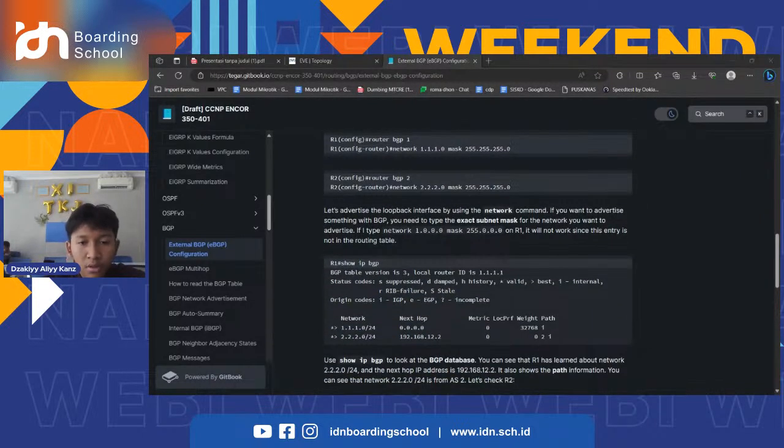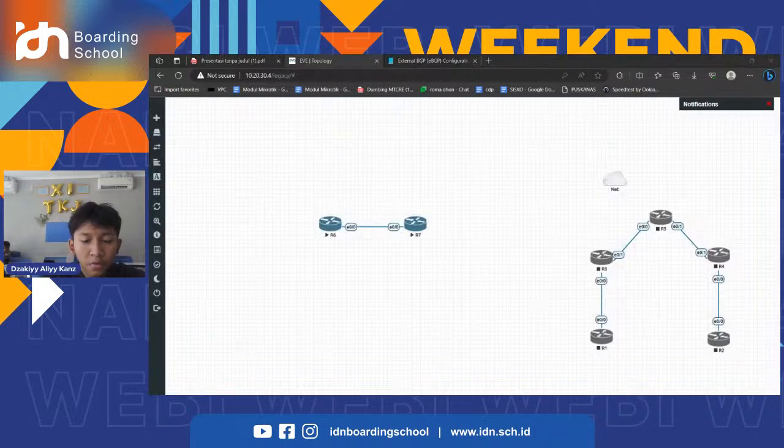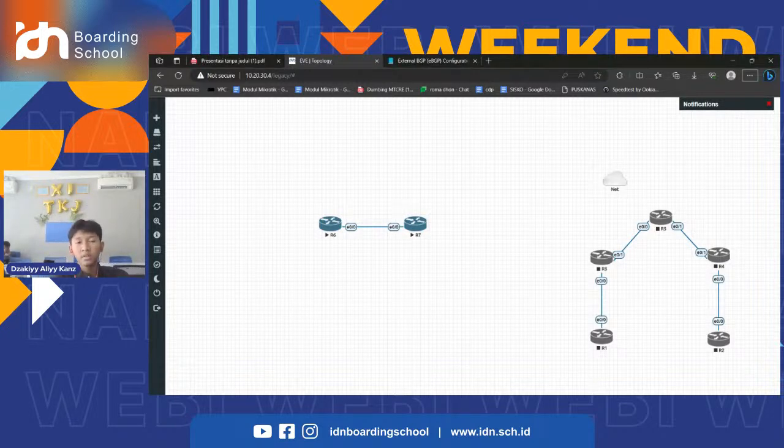But we can make sure that our BGP is successful with show ip bgp like this. Because there are some networks advertised from BGP with this configuration, but it's not showing anything, because we have not delivered the network that I just tried to advertise.